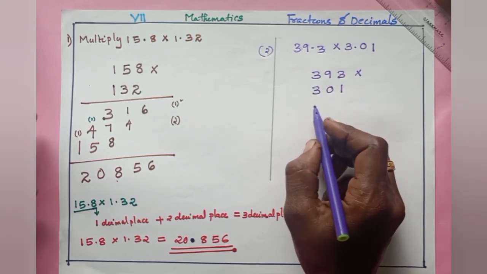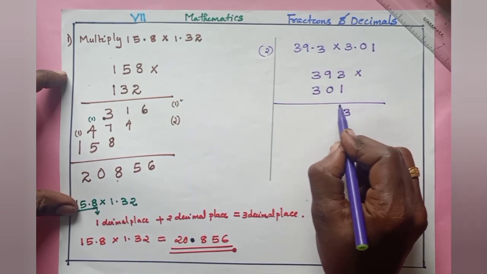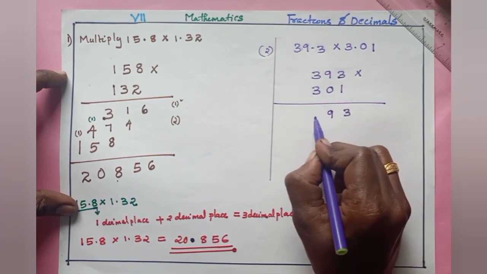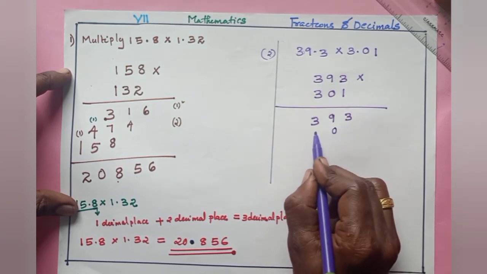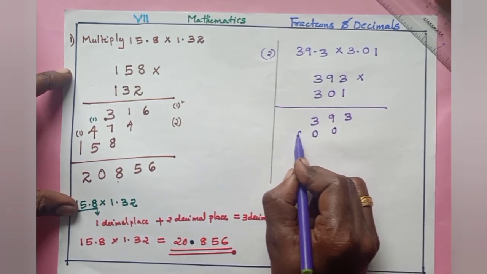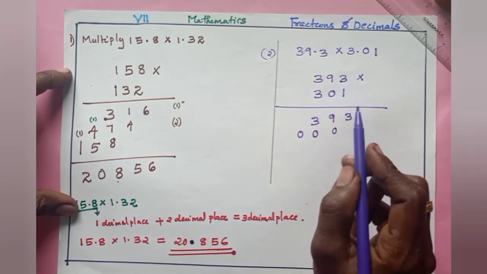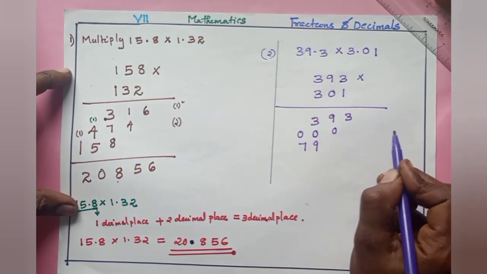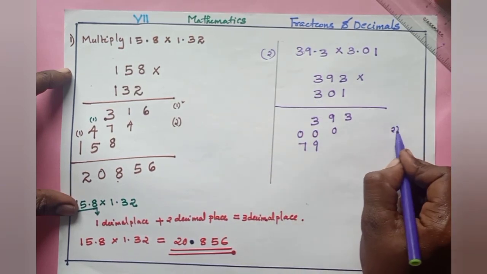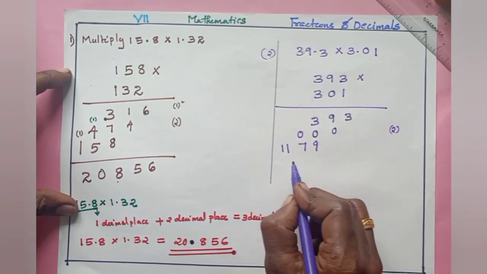Then multiply. 1 3 is 3, 1 9 is 9, 1 3 is 3. 0 into 3, 0, 0 into 9, 0, 0 into 3, 0. 0 multiplied by any number, the answer is 0. 3 into 3, 9, 3 into 9, 27, 2 balance, then 3 into 3, 9 plus 2, 11.